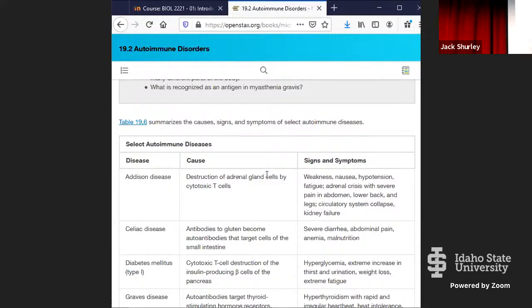We're not going through all sorts of details with this. The text does have some extra information, but in the process of generating these cells that are going to be the B cells that are going out seeking the bad guys, if you will, there's some clonal selection.